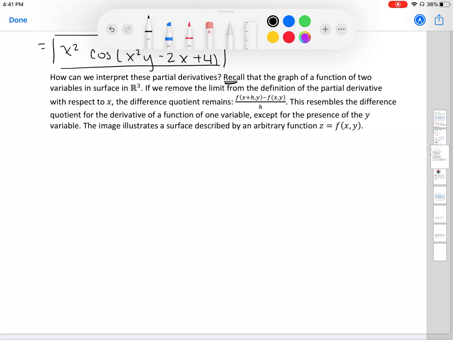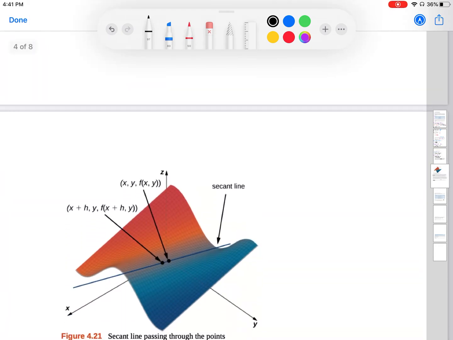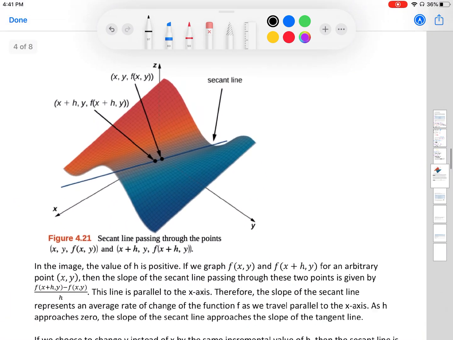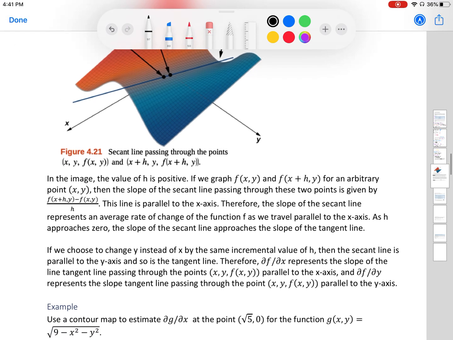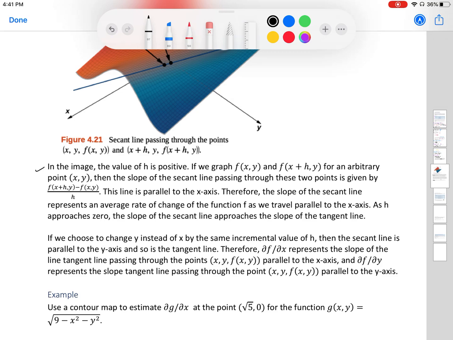This resembles a difference quotient for the derivative of a function of one variable, except for the presence of the y variable. The image illustrates a surface described by an arbitrary function z equals f of x comma y. So just as before, we're taking a point and trying to create a tangent line. In the image, the value of h is positive.